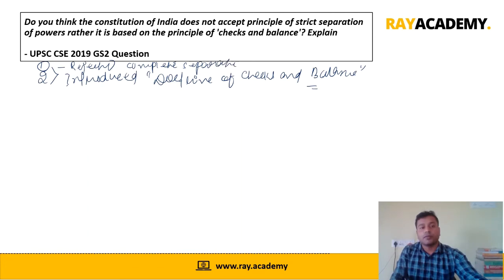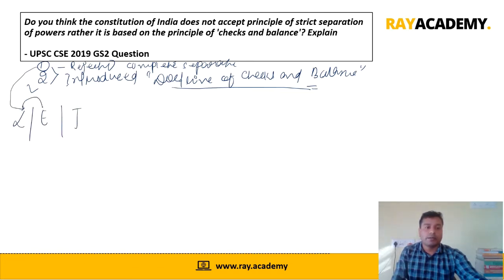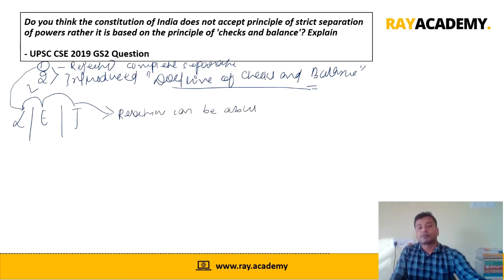And number two change it made was that it introduced the doctrine of checks and balance. Now, do you remember the legislature, executive, and judiciary? With change number one, it allowed a little bit of interaction among the three wings. Now, when there is a way, it is also expected that the relation can be abused or misused. Now, what if one of the wings, the legislature, let's say, overexercises its power?